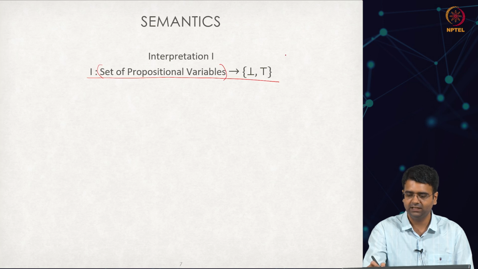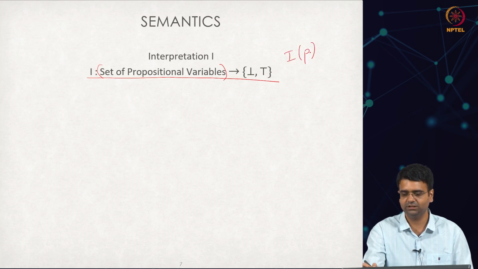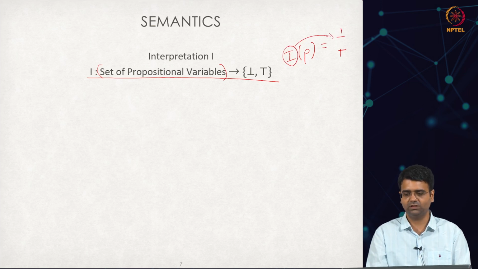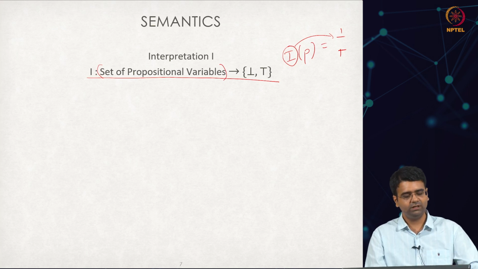You can apply the interpretation I on some propositional variable P. I is a function, and it will give either true or false. So a given I will fix the truth value that's assigned to a propositional variable. Now given an interpretation, you can evaluate a formula. You can ask whether or not the formula evaluates to true under this particular interpretation.